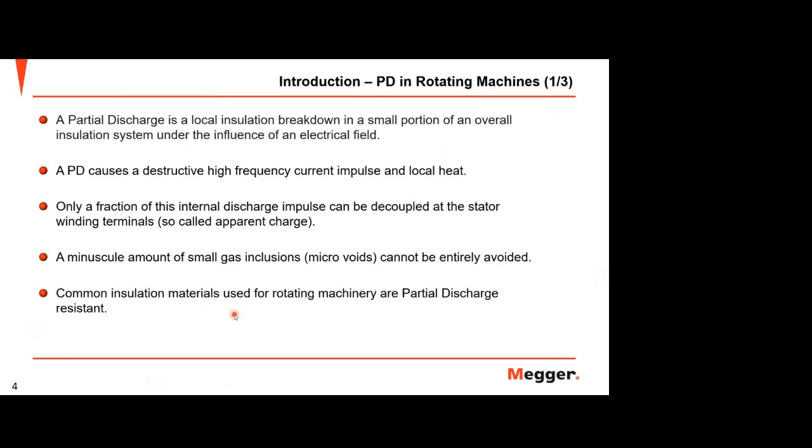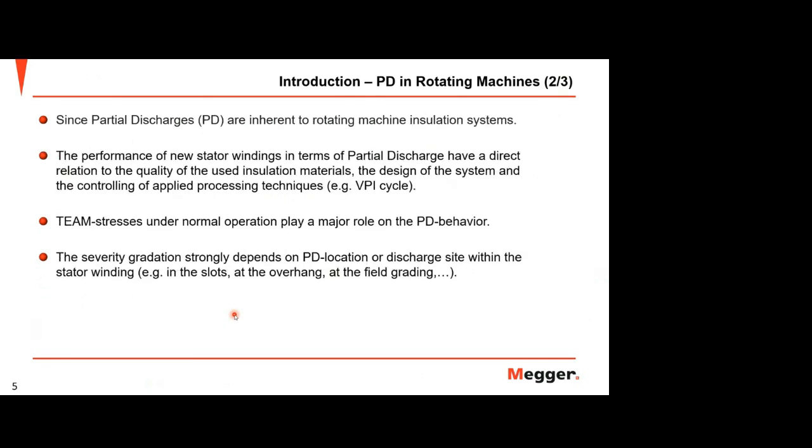Hence, that means the stator winding insulation can widely tolerate normal PD activity throughout its life cycle. Since partial discharge or PD is inherent to rotating machine insulation systems, it serves as an indicator of insulation deterioration, and one of the root causes of stator winding failure over time.